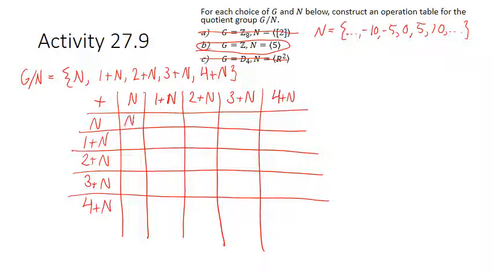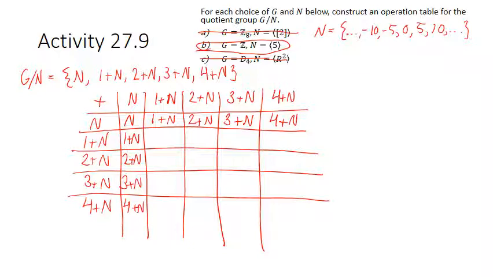So this is n again. And then n plus 1 plus n is going to be 1 plus n again. n plus 2 plus n is going to be 2 plus n again. We already talked about the fact that n is always the identity element, so it shouldn't be too surprising that you're just filling these in using n as the identity. So these are just copied over, like in any operation table whenever you're using the identity.